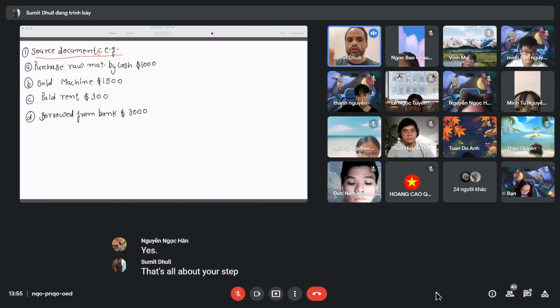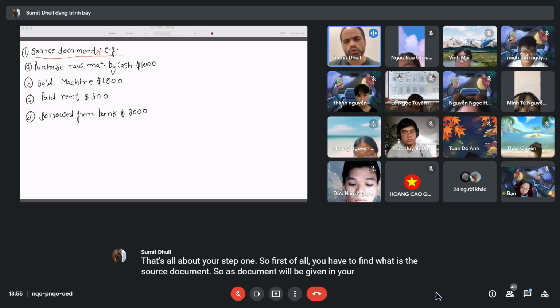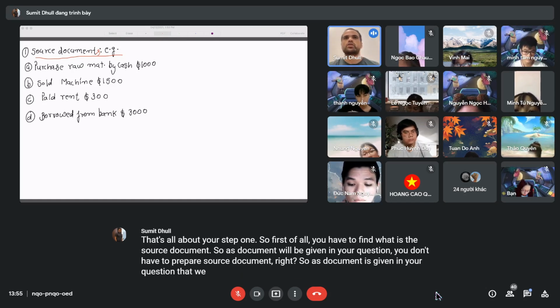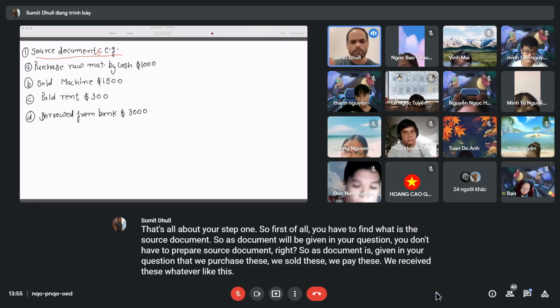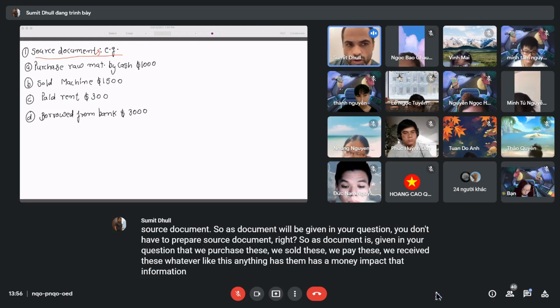So first of all, you have to find what the source document is. The source document will be given in your question. You don't have to prepare a source document, right? It is given in your question that we purchased this, we sold this, we paid this, we received this, whatever. Anything that has a money impact, that information will be given in your question.